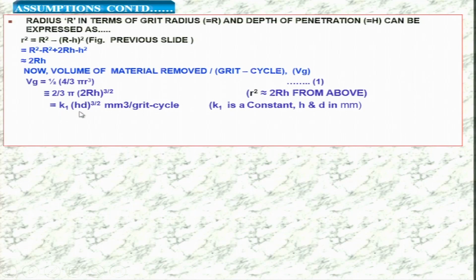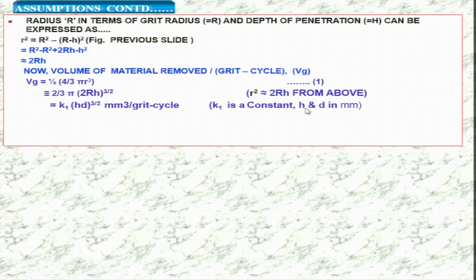And this becomes K1 (hd) raised to power 3 by 2, because 2R is equal to small d, and K1 is the constant which accounts for both these terms. So it becomes K1 (hd) raised to power 3 by 2 millimeter cube per grit per cycle.